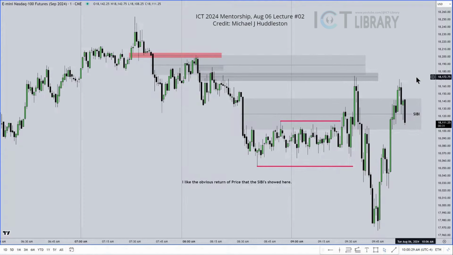So you have to have an expectation on price at a time of day. In this case, you have 3 specific times of the day. In the first 30 minutes after 7 o'clock, after 8 o'clock, and after 9 o'clock, if there are relative equal highs or relative equal lows below the marketplace, then you want to see a move in the first 30 minutes go in the opposite direction, up.